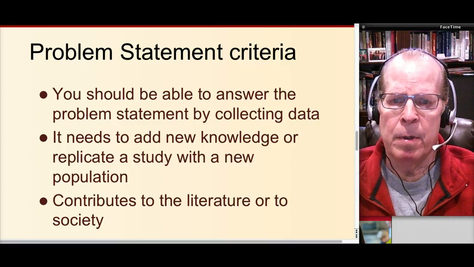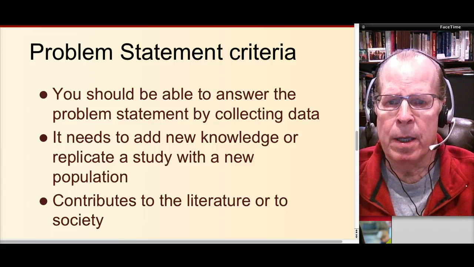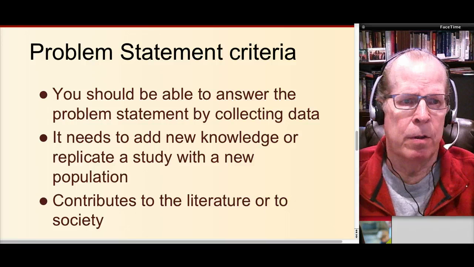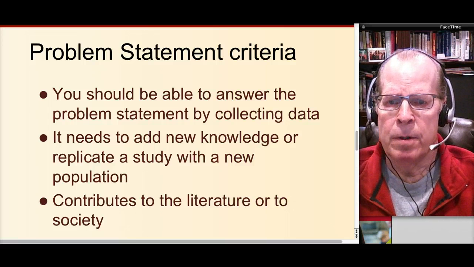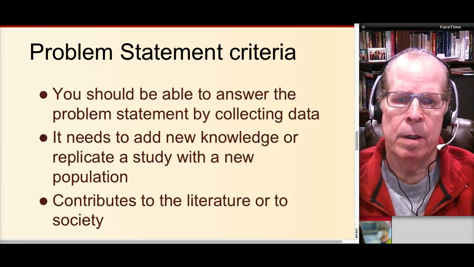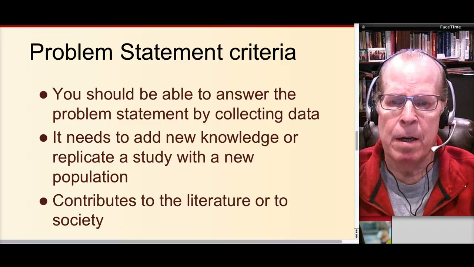And the problem statement needs to add new knowledge to the literature or replicate an existing study using a new population. In other words, you're going to do something someone else has done, but you're doing it with a different population, and because of that it makes it new. And then last of all, there's some value to your topic.